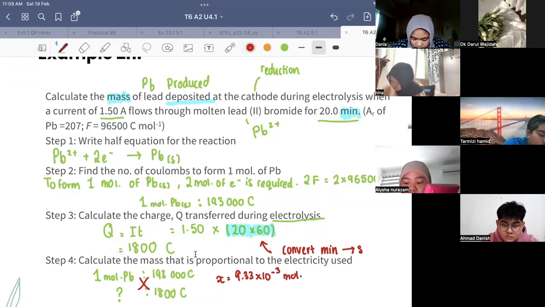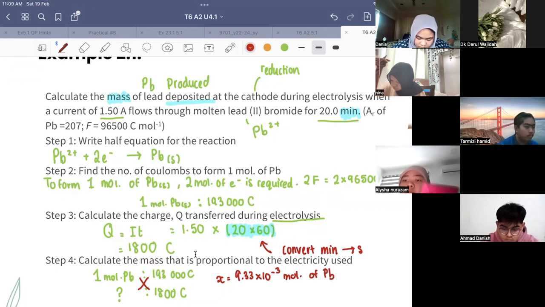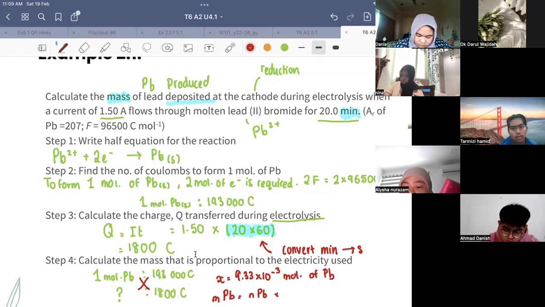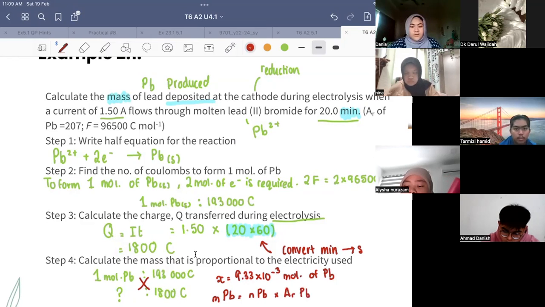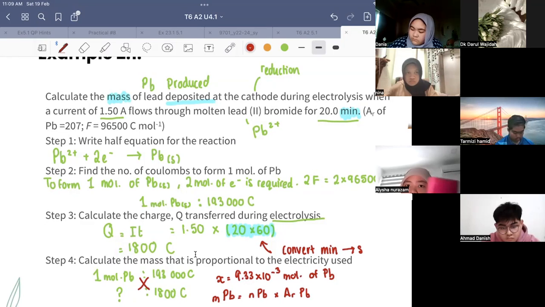The question is asking for mass. So here it's just mole conversion to mass. Mass of Pb equals the number of moles of Pb times the Ar of Pb, which is already given to you. The Ar of Pb is 207.